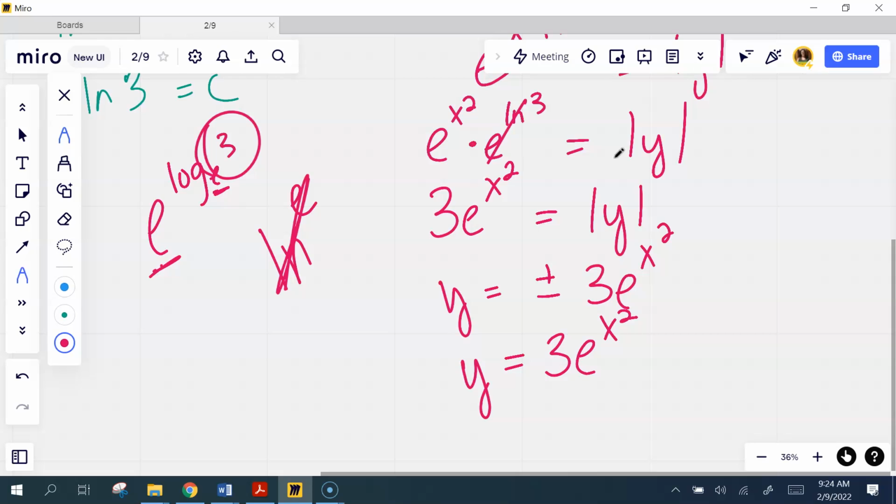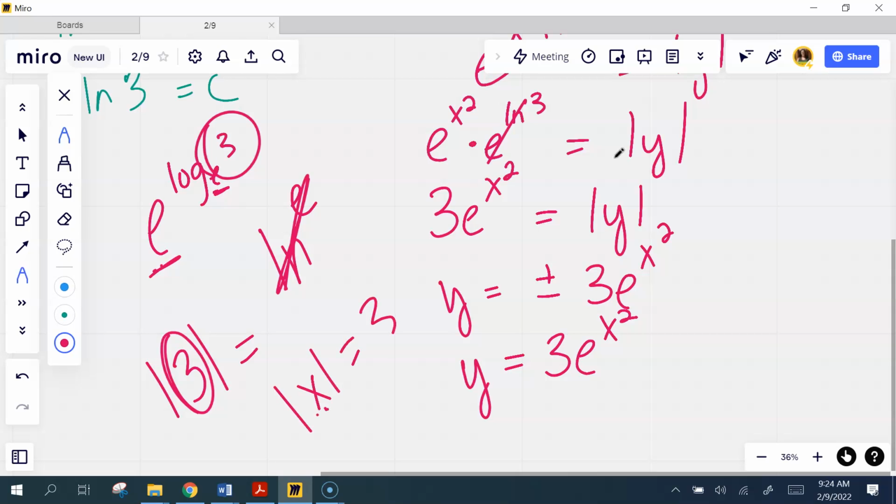Is that not what they got? Yeah, 3x squared. So why are you worried about what they did? I don't understand where they're getting this A from. I'm fine with it. Well, because this is absolute value of y, right? So the absolute value of x is 3.